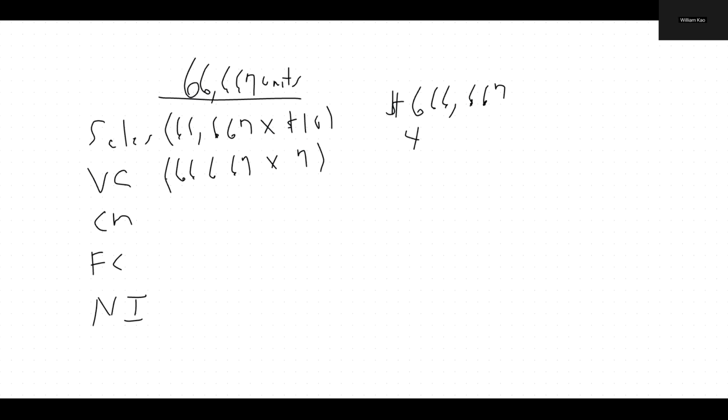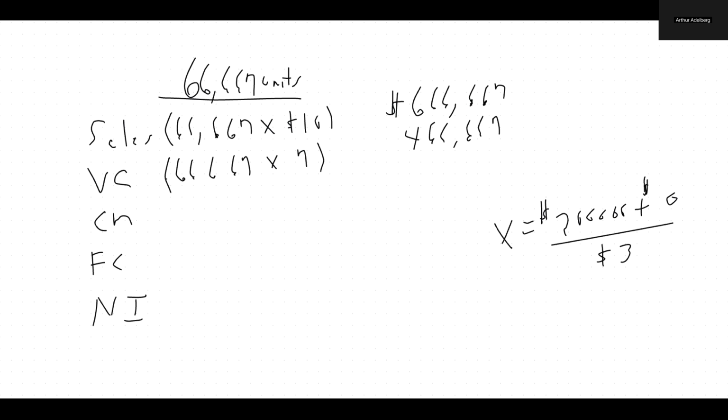All right, I'll write it again. Fixed cost plus target net income divided by the contribution margin per unit. That's the X formula I just gave you. And when you solve the X formula, you get 66,667 units.